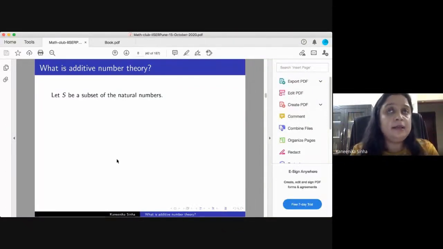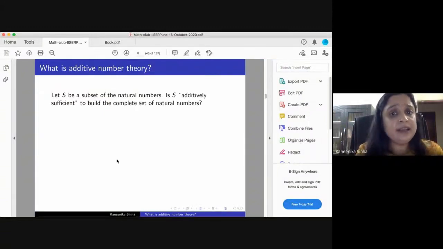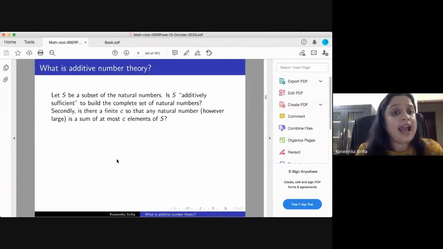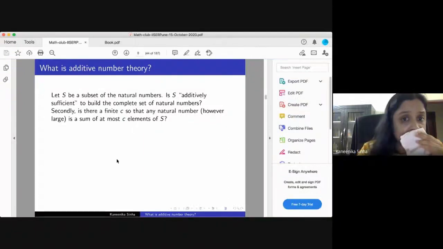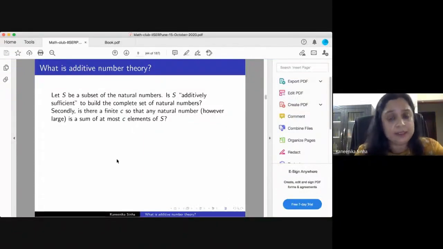For example, maybe you like to work with squares, so you would ask, can you write any number n as a sum of a certain number of squares? So is S additively sufficient to build the complete set of natural numbers? Secondly, as we demonstrated in the Goldbach conjectures, is there a finite C so that any natural number, however large, is a sum of at most C elements of S?